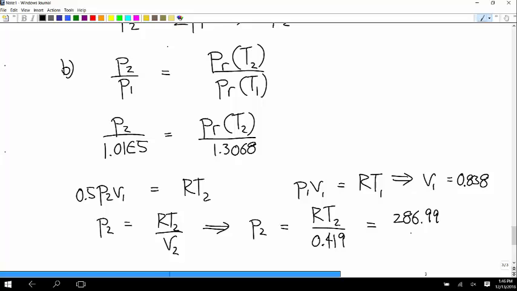So what's 286.99 divided by 0.419? So 684.9 T2.